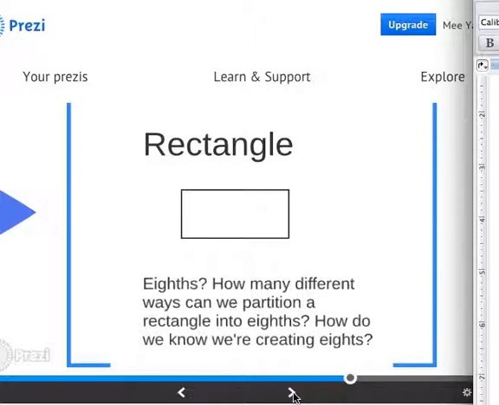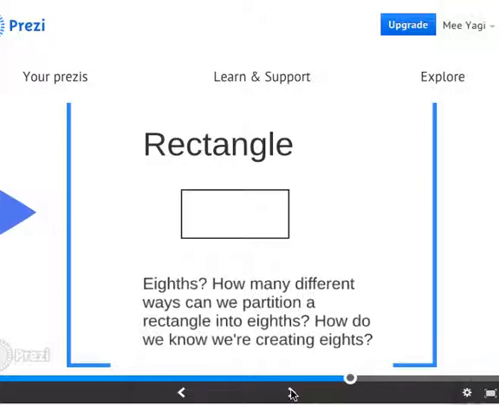So that's something to ponder. That's something I'm not going to go over with, but you can experiment on your own how to partition this rectangle into eight equal parts, showing different ways to create eighths.